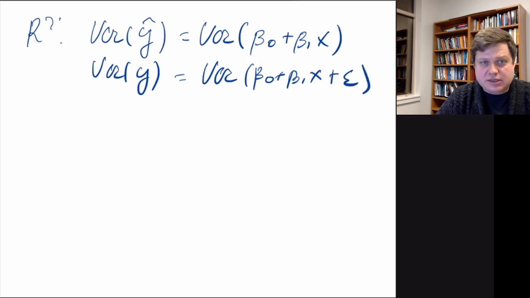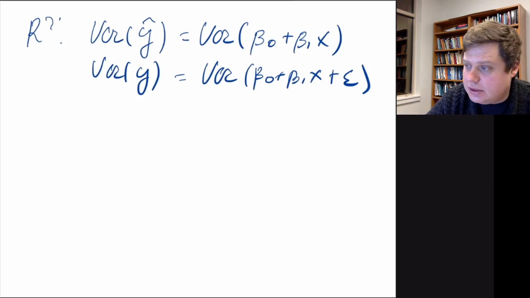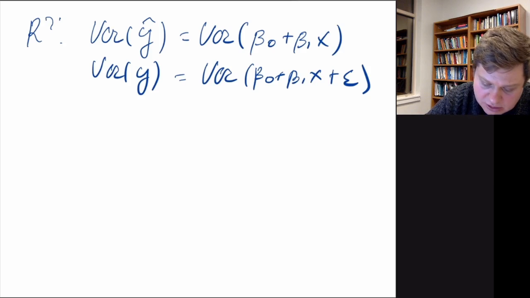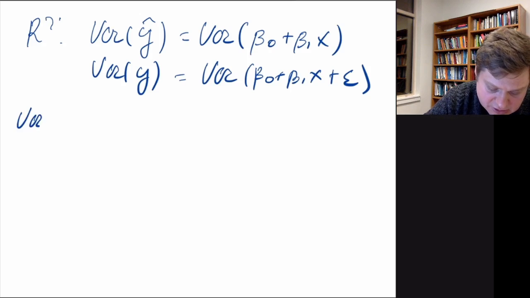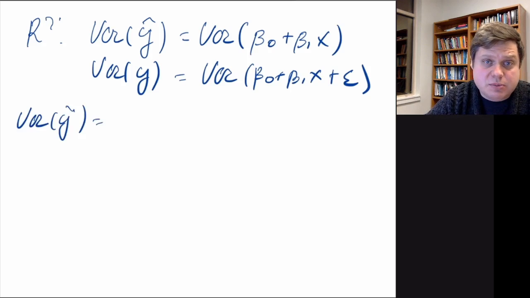You remember the y's are just the values on the line plus the normally distributed errors along this line. And you remember that the variance of a sum is the sum of the variances if things are independent. So the variance of y is the variance of beta 0, but beta 0 is constant, so it has variance 0, plus the variance of beta 1 times x.